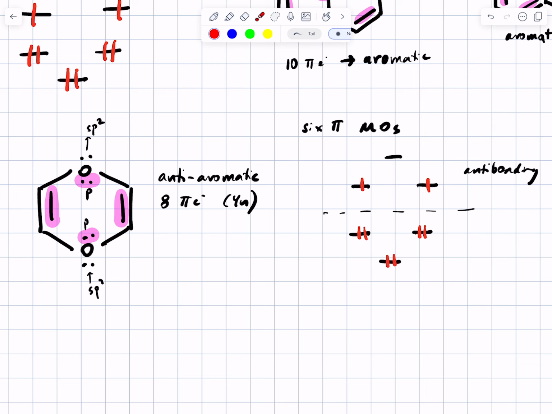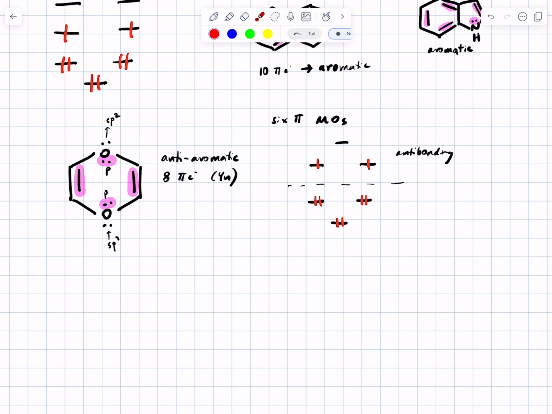Those electrons are higher in energy than they would be if the molecule weren't anti-aromatic. And so in some cases, what the molecule will do is distort its geometry so that it no longer satisfies all the criteria for being aromatic. That is, remember, to be either aromatic or anti-aromatic, you have to be cyclic and fully conjugated and planar.